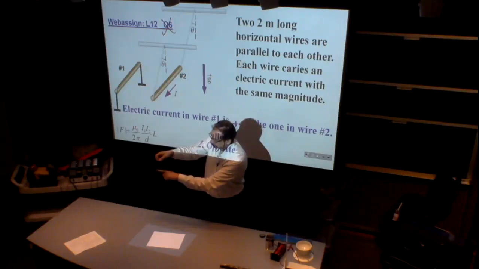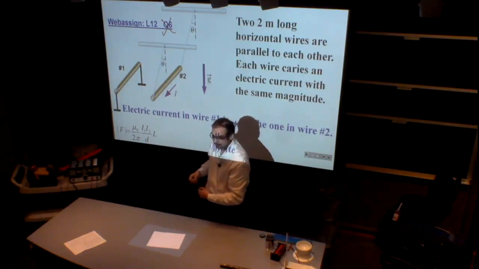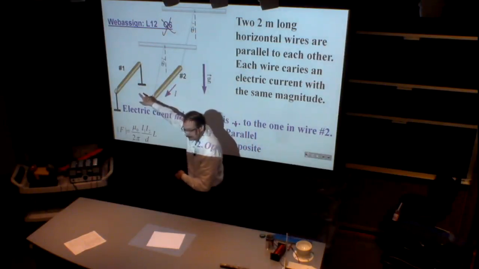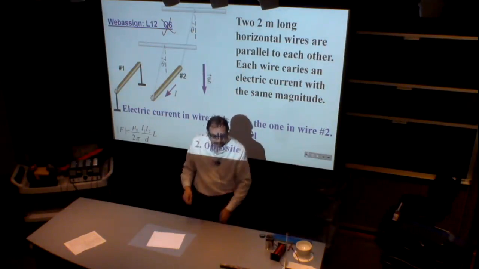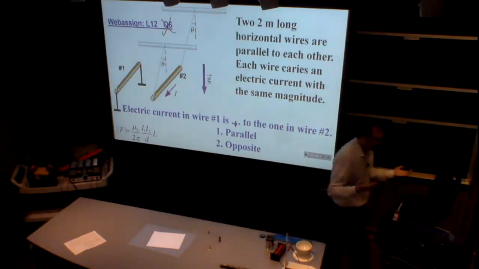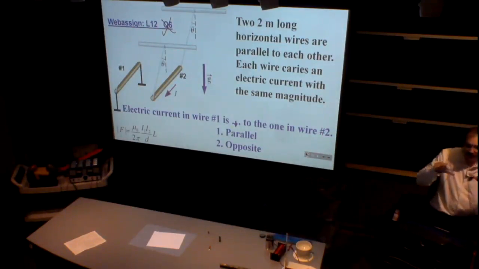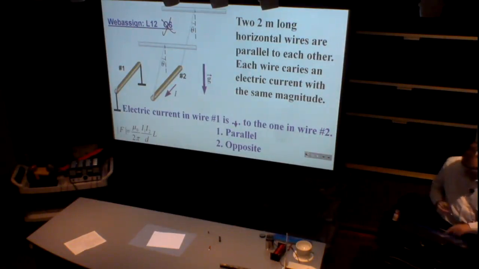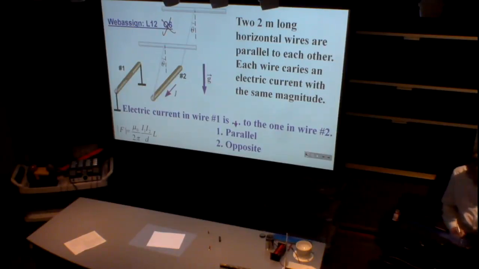Not Democrats, not Republicans. The third force. It's being deflected. The nature of that force, of course, doesn't matter. In this situation, it's a magnetic attraction between the second wire and this wire. And attraction means they have to be parallel.